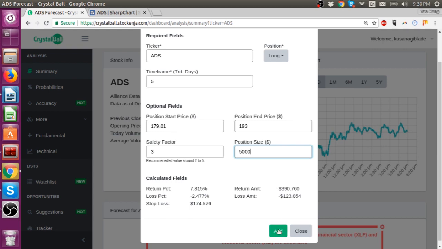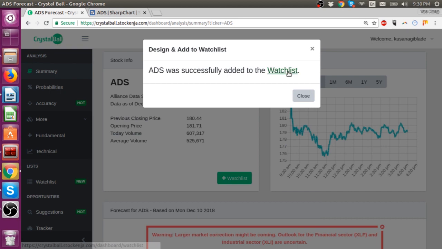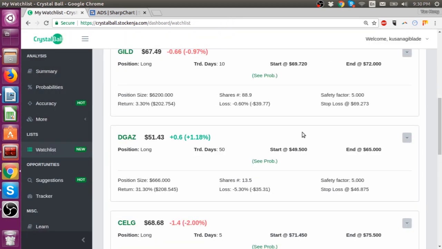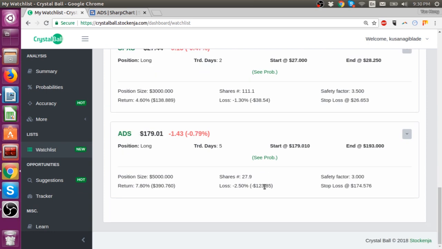Okay, so I'm going to add this stock into my watch list, and let's go to the watch list. So in the bottom you see ADS appearing here. I can then use this number and enter it into my brokerage apps so that I can send out a limit order.